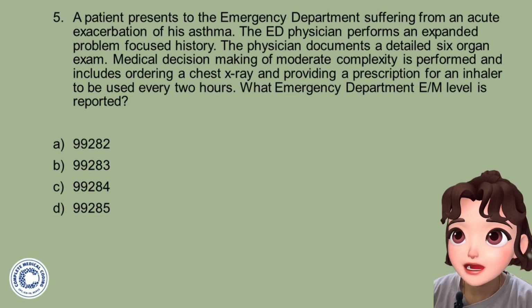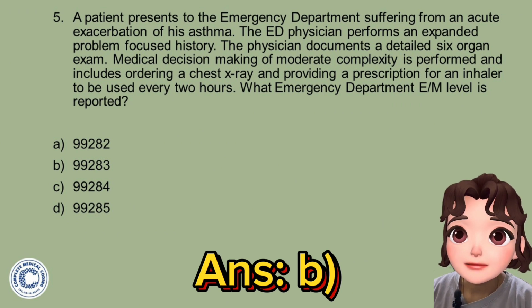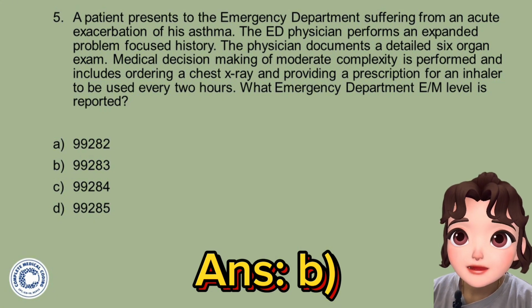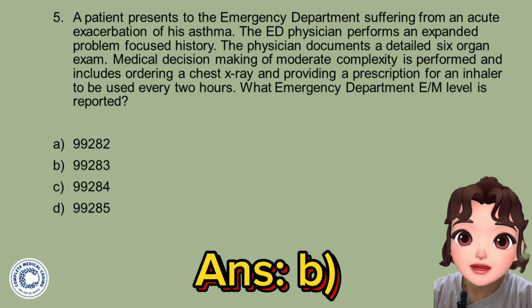So that is also not the answer. So the correct answer is option B, CPT code 99283, emergency department code for E&M of the patient, which requires expanded problem focused history, expanded problem focused examination, and medical decision making of moderate complexity. Okay, so the answer is option B, 99283.